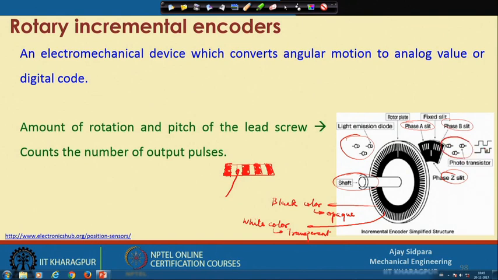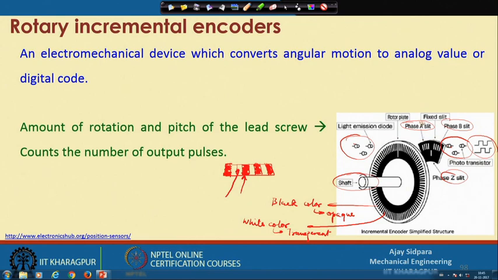These are aligned with each other, so one light is aligned with one phototransistor, and another similarly. Whenever there is a transparent part, light will pass through and it will get a signal. Whenever light strikes the opaque black region, light will not pass through, and your phototransistor will not get any signal. If you rotate at a faster rate, you will get these signals faster.